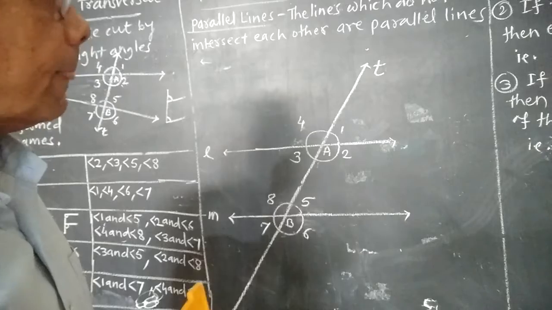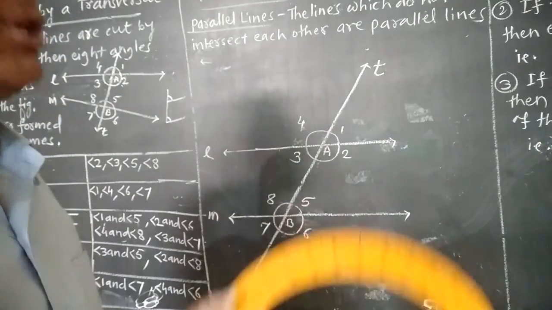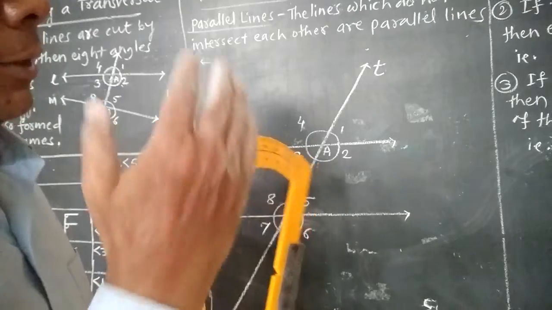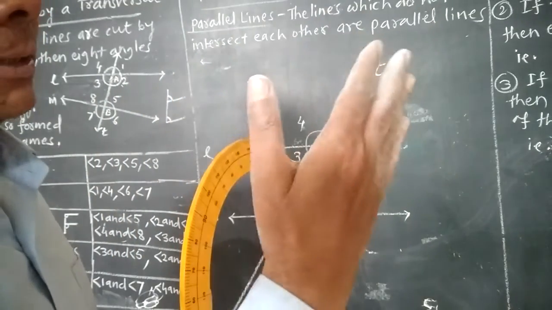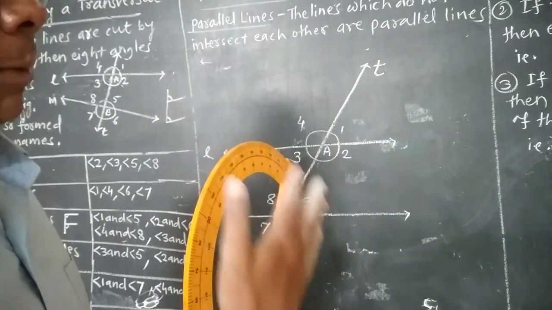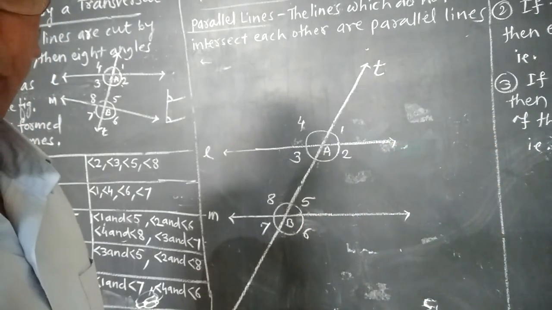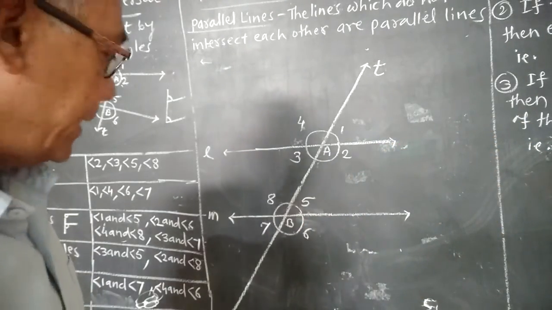Now the third condition is given: if two parallel lines are cut by a transversal, then each pair of interior angles on the same side of the transversal are supplementary. Meaning angle 2 plus angle 5 is equal to 180 degrees.